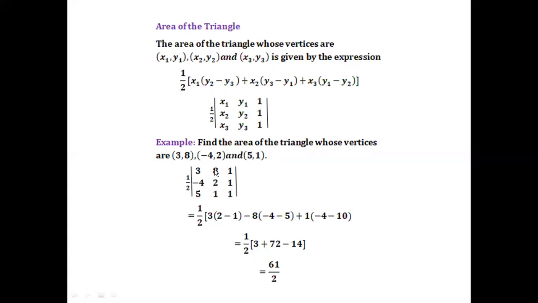Minus 8, which is present in first row, second column; the determinant of the minor -4, 1, 5, 1 gives -4 into 1 is -4, minus 1 into 5 is 5. Now the last element plus 1, present in first row, last column; the determinant of its minor is -4 into 1 is -4, minus 4 into 5 is -20. Simplifying this expression, we get the value of this determinant as 61 upon 2.